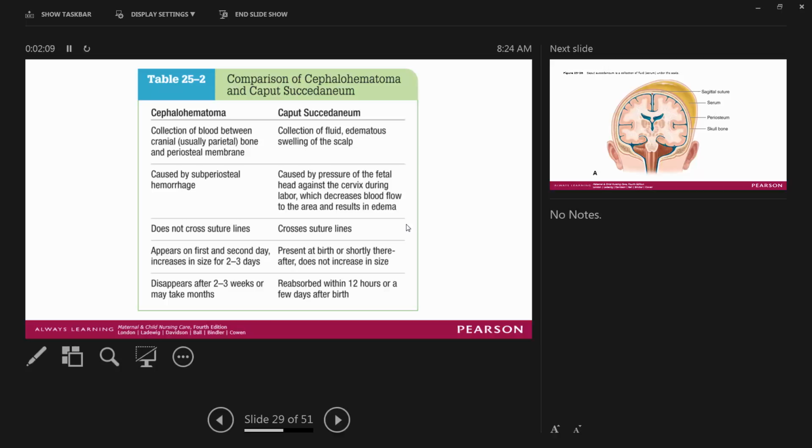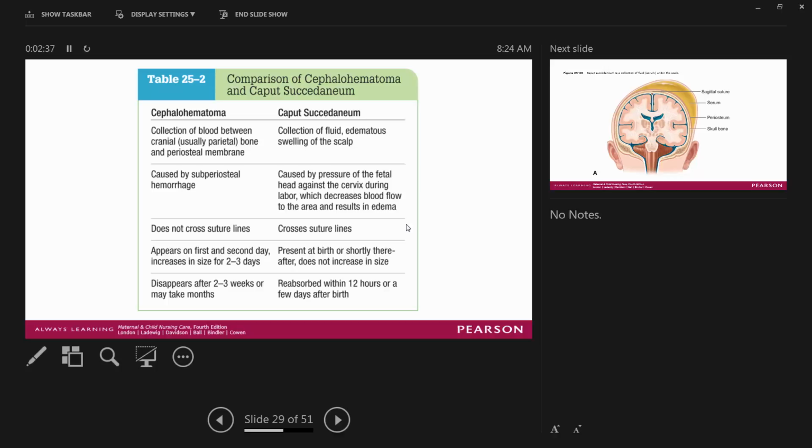For the hematoma, we cause some trauma to the tissues or the vessels, and they bled. On the caput, it's just the head continually bashing against the birth canal and creating edema, fluid. So our interstitial fluid is collecting there.